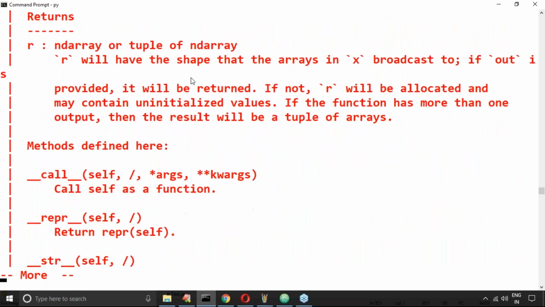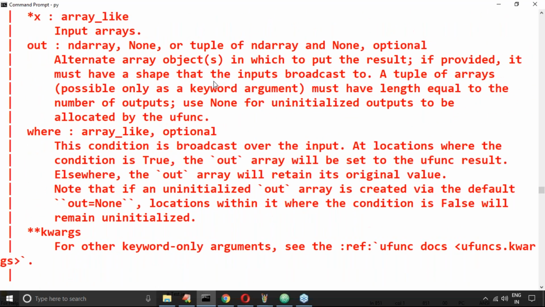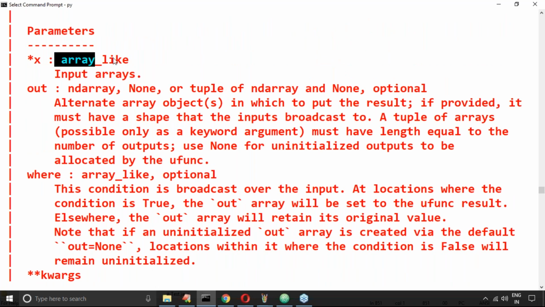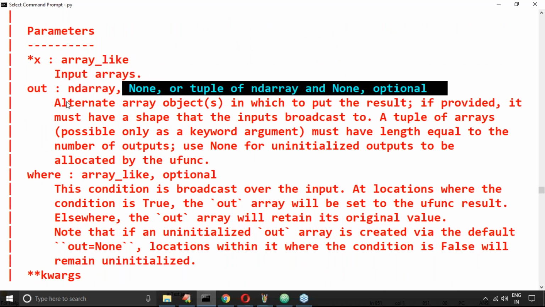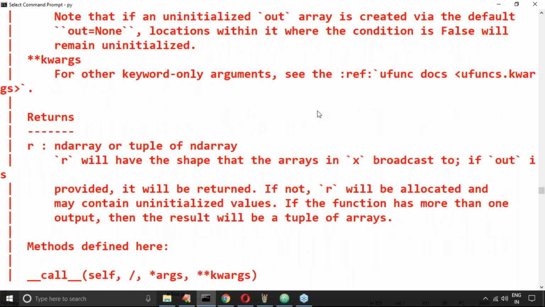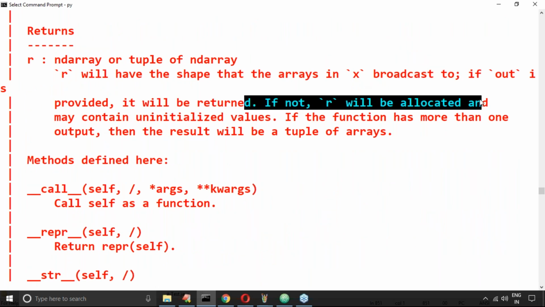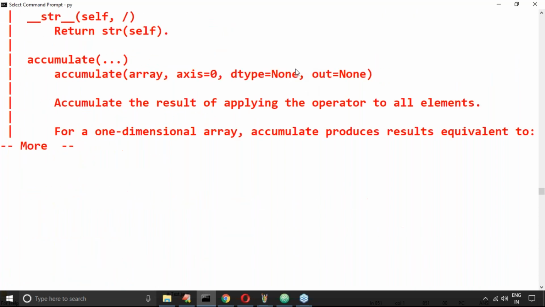Returns ndarray. Any number of arguments, any number of keyword arguments you can take. Array-like input arrays, and an array, None or tuple of arrays, alternate array objects in which to put results. And the array R will have the shape broadcasted. If output is provided it will be written, if not, R will be allocated.